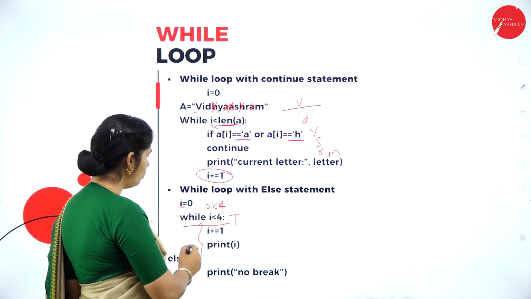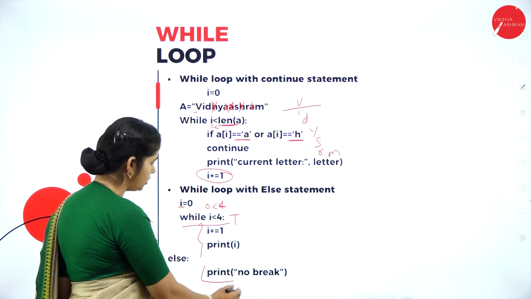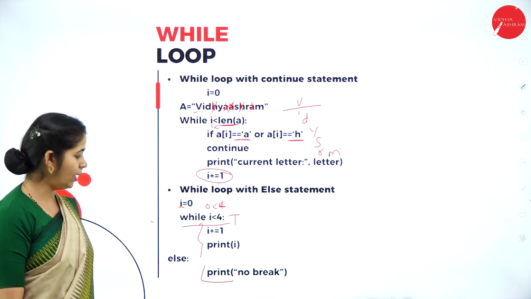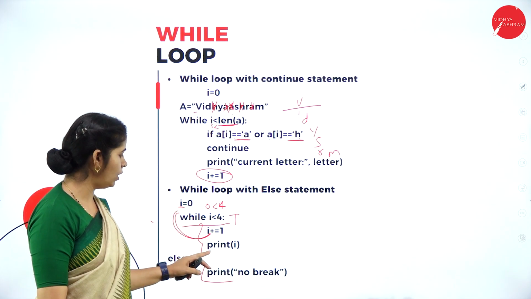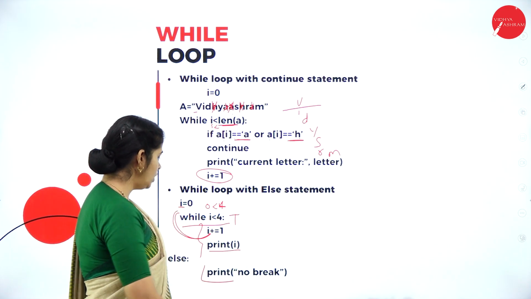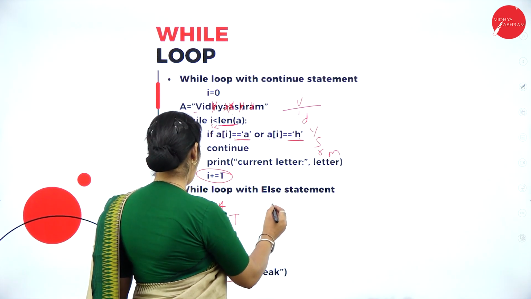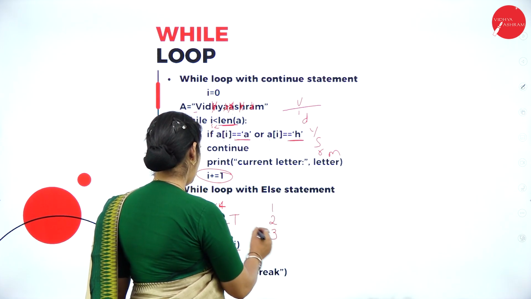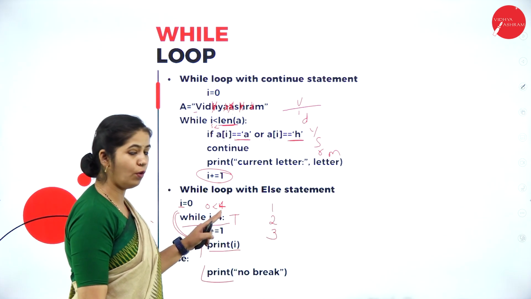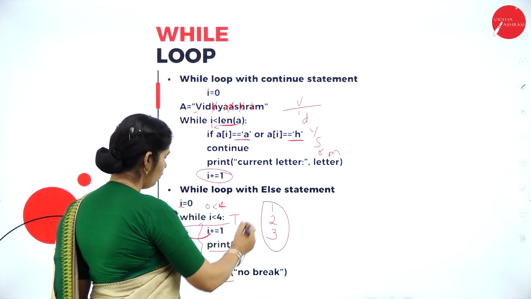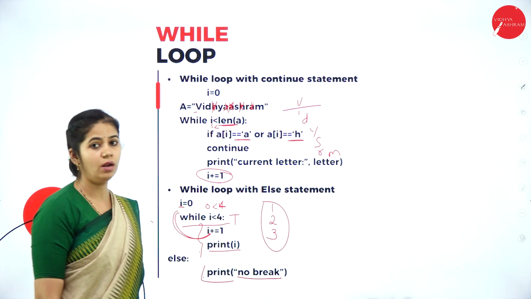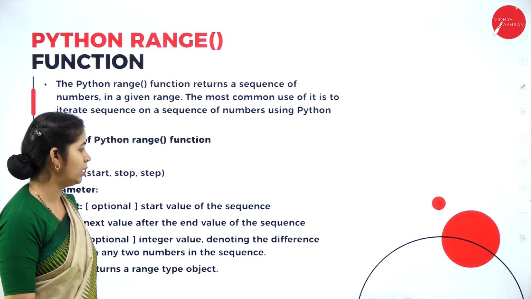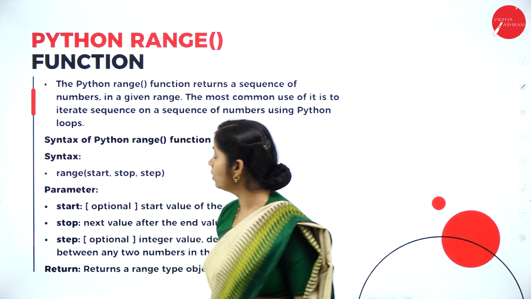If the I value is greater than 0, then execute this. Each time, increment the I value and print the I value. So it is going to print 1, 2, 3, less than 4. So 4 would not be considered. If it is greater than 4, then break. We are breaking the statement, that is the control statement.